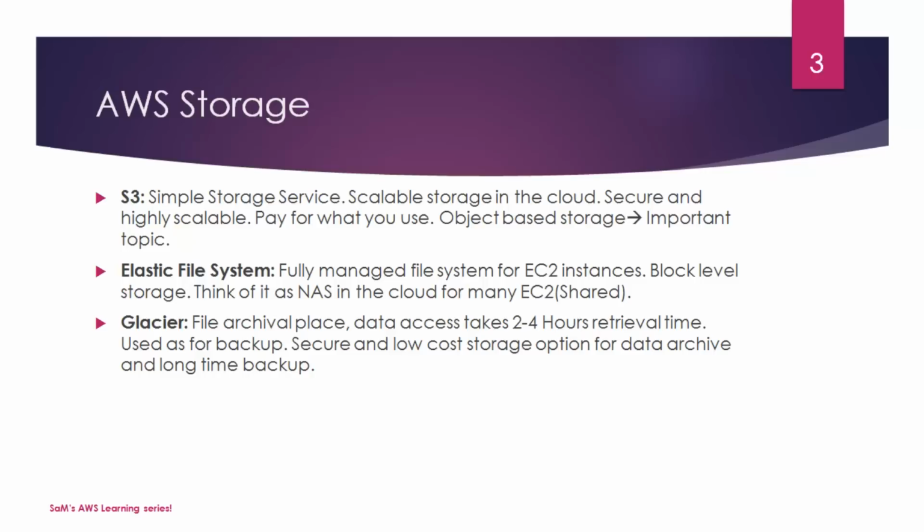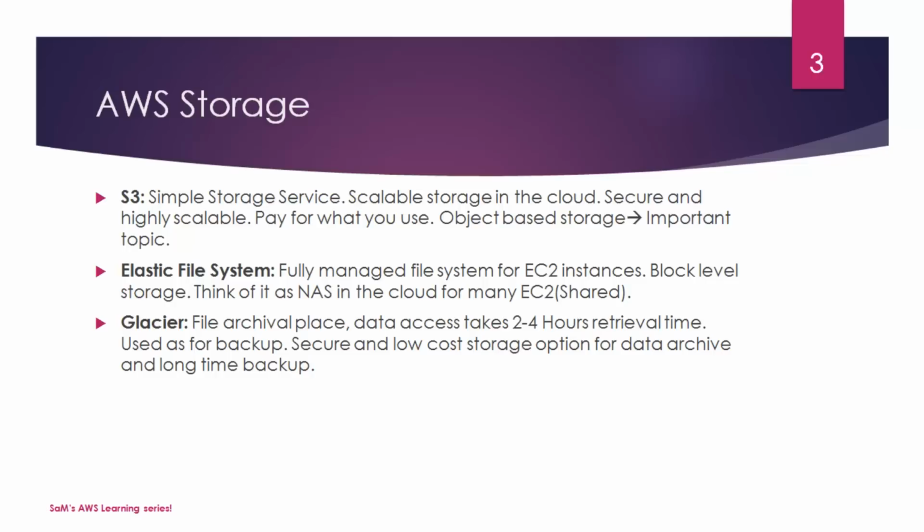And then we have something called Glacier. So Glacier is for file archival, and the primary reason for this is data backup. Once you archive your data to Glacier, and if you want to retrieve the data back, it takes up to 2 to 4 hours retrieval time.